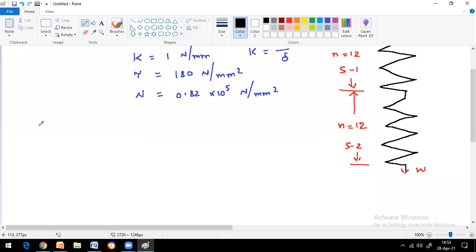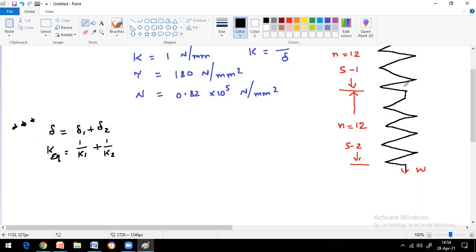In general, when the springs are connected in series, you have to remember these formulas. They are very important. When the springs are connected in series, delta will be equal to delta 1 plus delta 2. Equivalent stiffness will be 1 by K equals 1 by K1 plus 1 by K2.